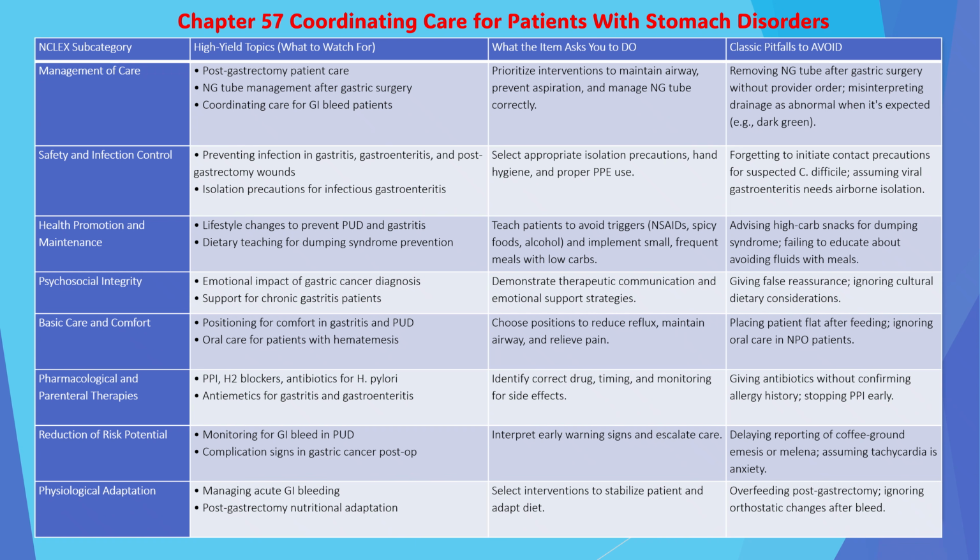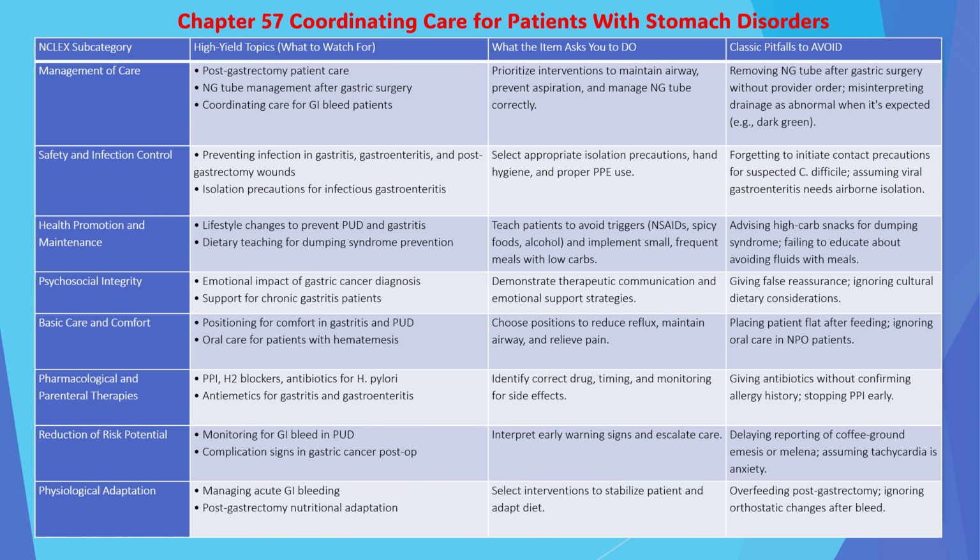Based on typical NCLEX RN emphasis and the content of this chapter, let's think about the peptic ulcer disease section and its associated complications, which are generally the most heavily tested areas.